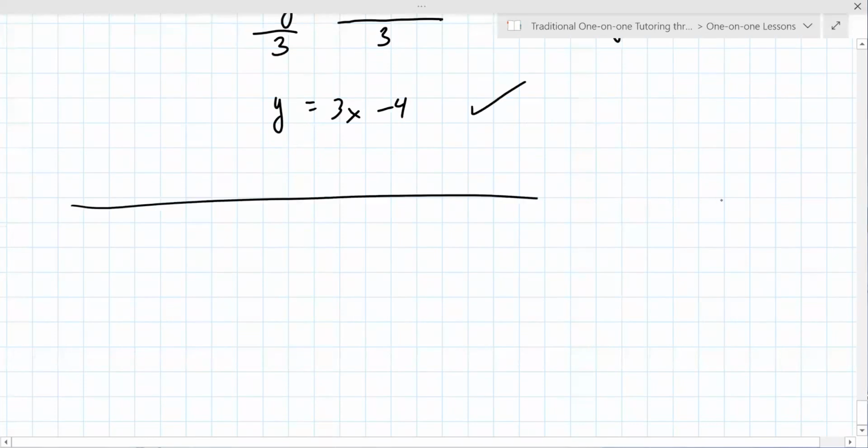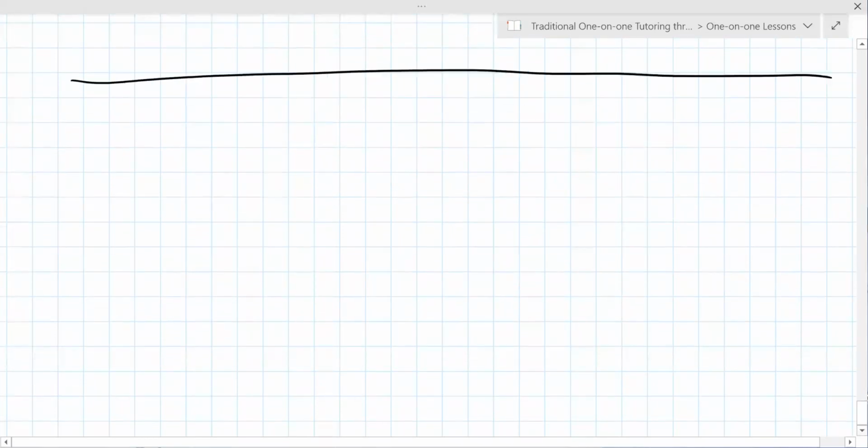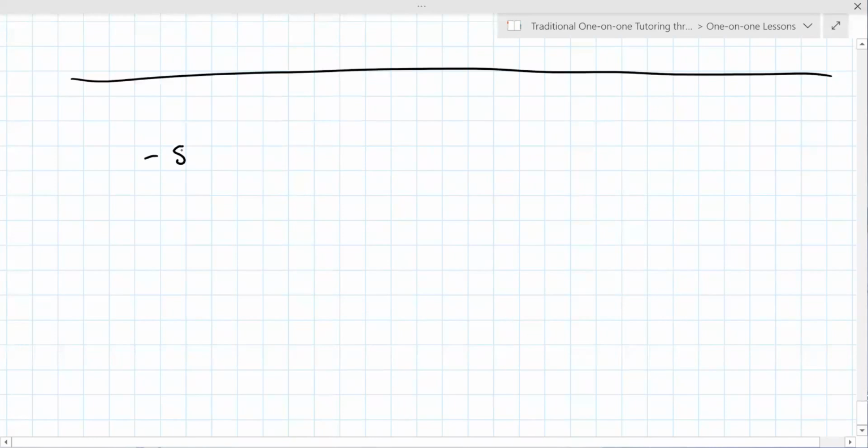All right, let me give you just one or two more here, because I really do want to see that you're working these out. Let's go minus 8x minus 4y equals 20. Go ahead and work that out, please.